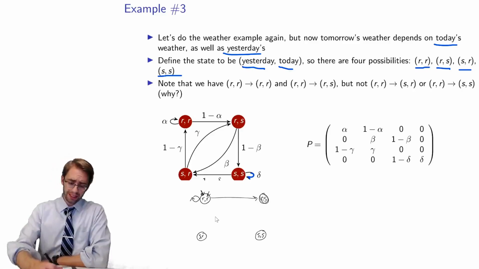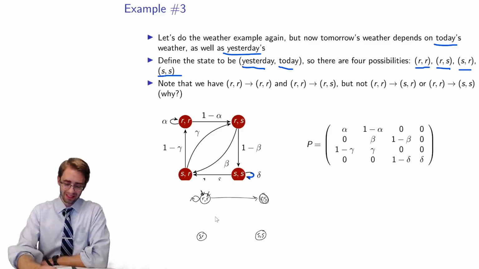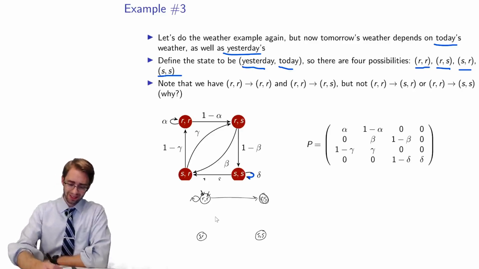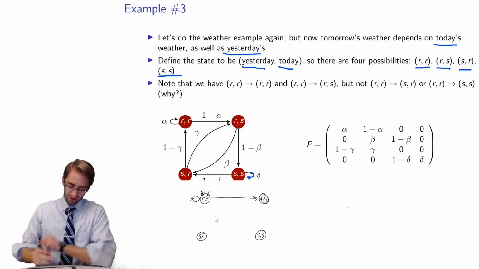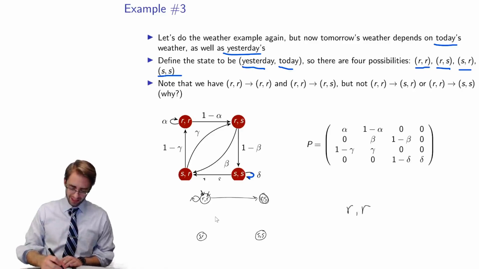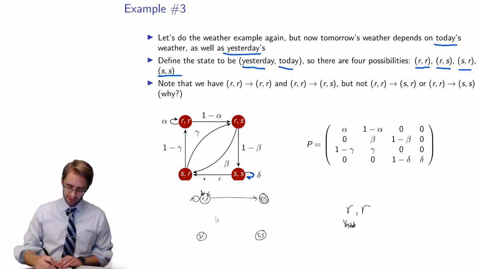Why is that? The reason for this is that if today's weather is rain, in fact, I wish I had drawn this a little bigger. Actually, here, I'll do it over here. Let's do it like this. If I do a big R and a big R, if this is yesterday, and that second R is today, then what are the states that we are going to?